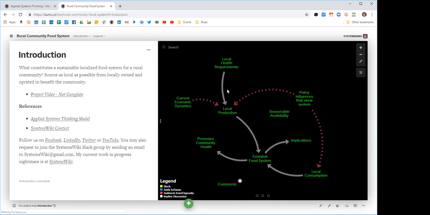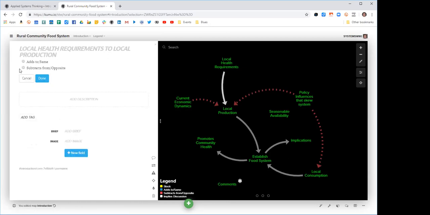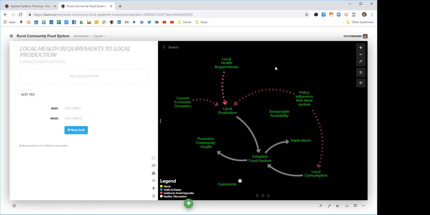Do you see that as different from the policy influences that skew the system, though? It is a policy issue, but in some ways it's not about what's available, it's about making it available. Okay, so there's more policy impacting distribution than policy impacting production, is what you're saying.